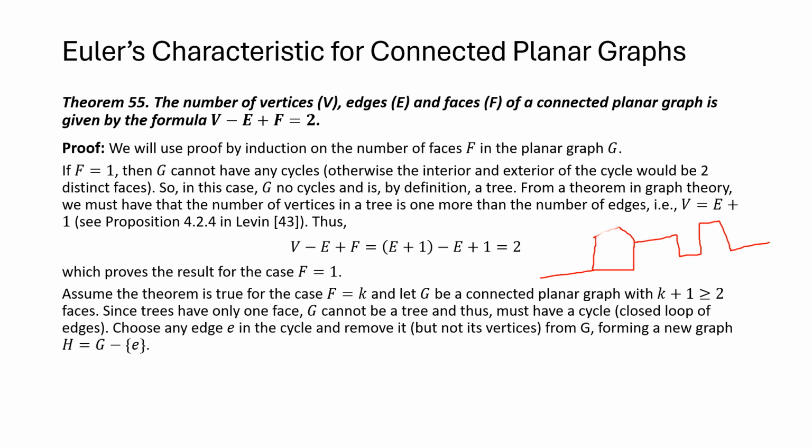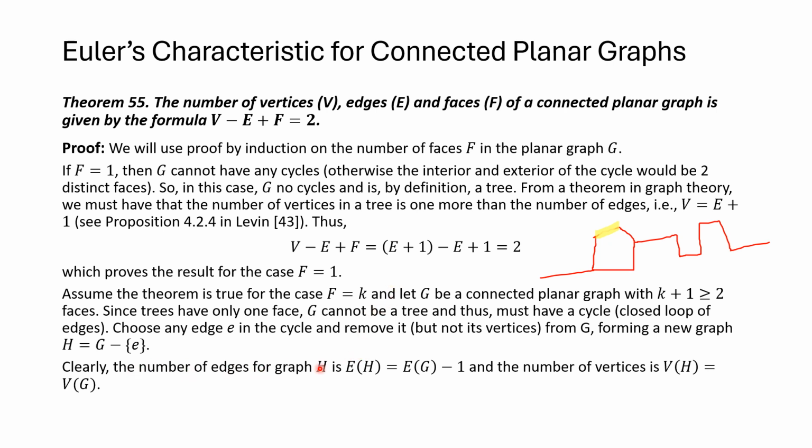Let's make it yellow. So this thing in yellow, let's say we remove that. We remove this, and then what's left is this graph H, which equals G minus this edge here. So we've basically opened up this one cycle.